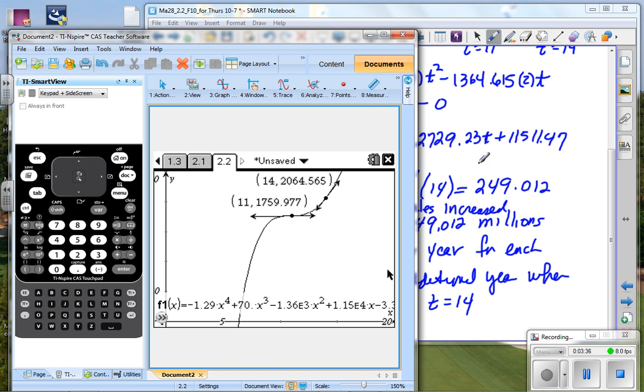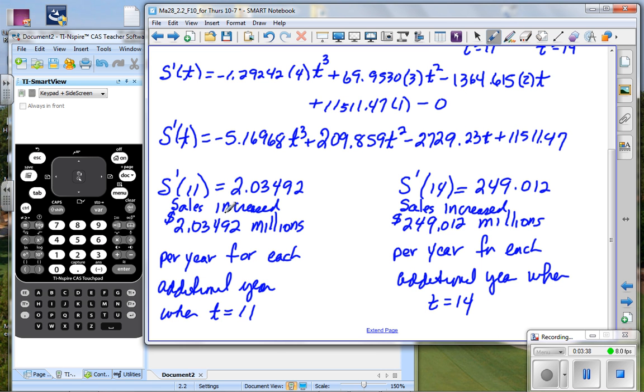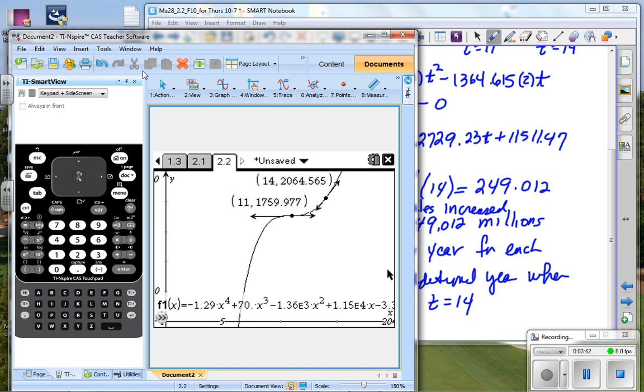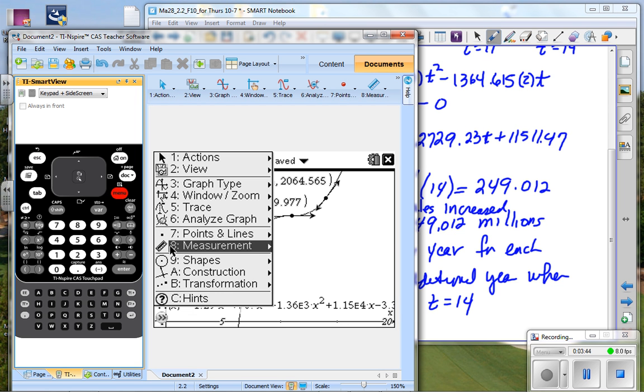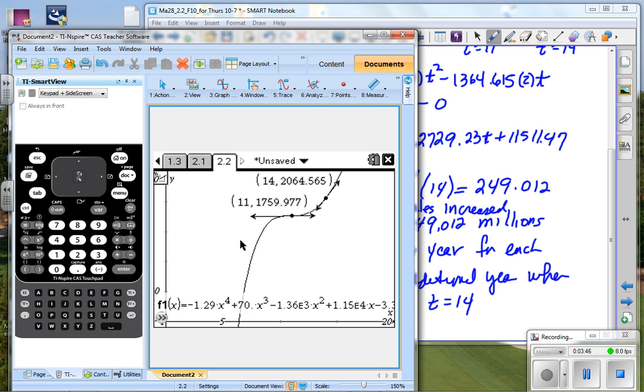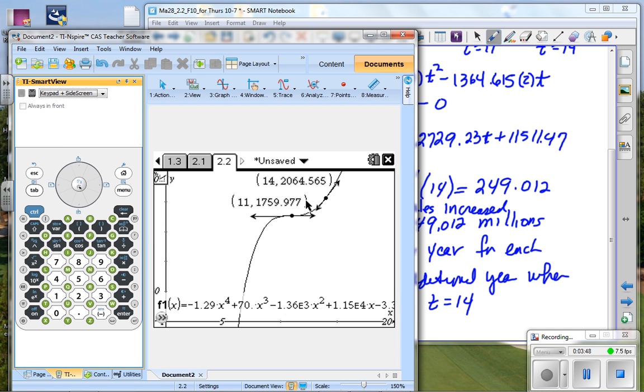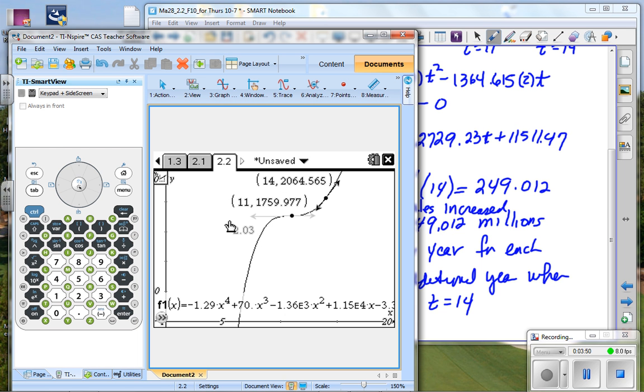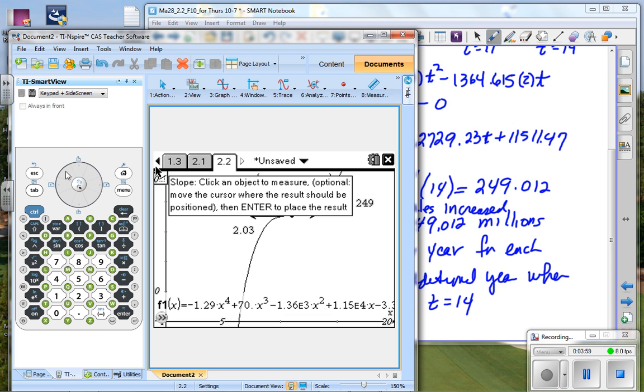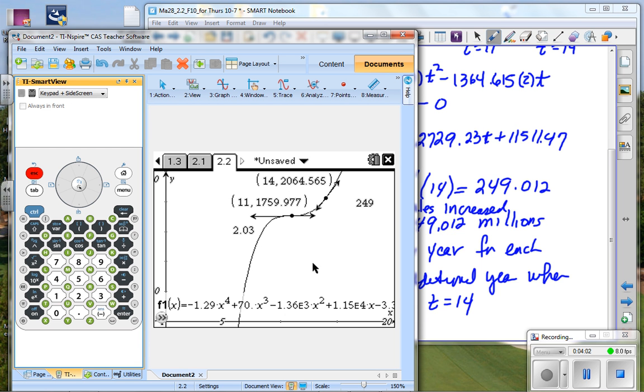Now, over here, our derivatives are interested in the derivative, in other words, the slope of those tangents. So let's go into Menu, Measurement, and Slope, and let's look at the slope of that. It's actually not 0. It looked like it was pretty horizontal, but it's not. And the slope of that. How do those correspond? Well, they're not as many digits, obviously, so I'm going to do my same thing I did before.